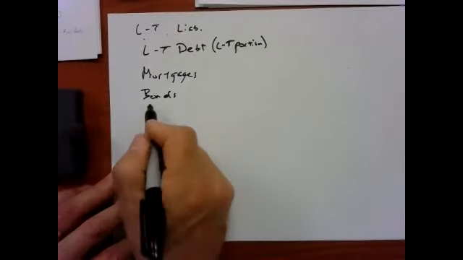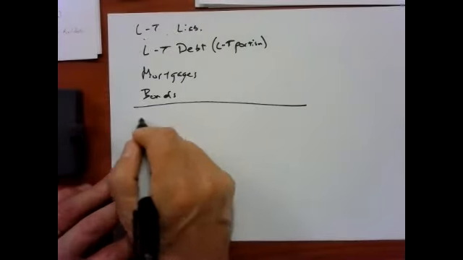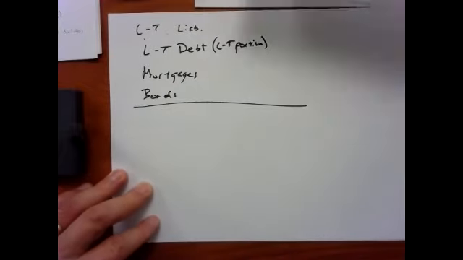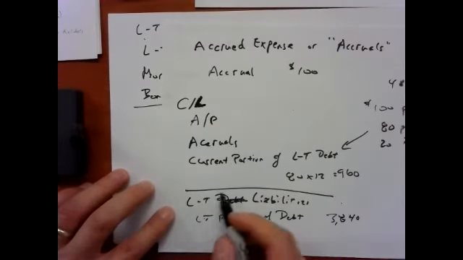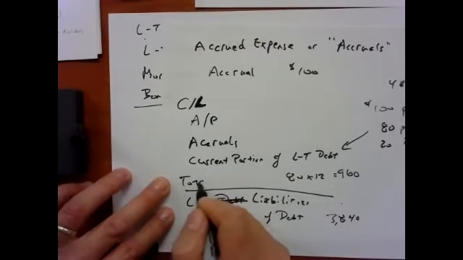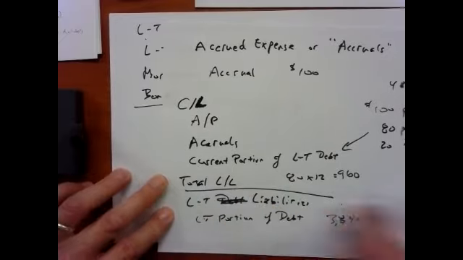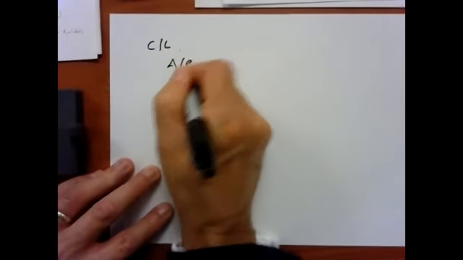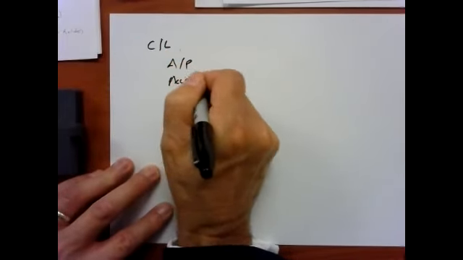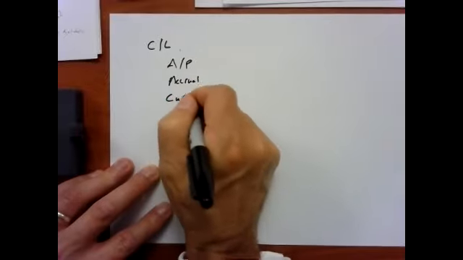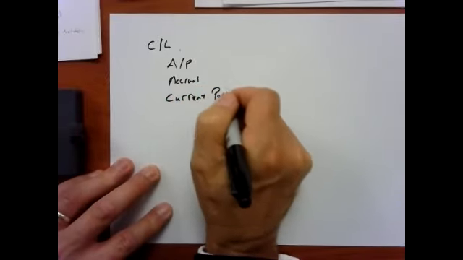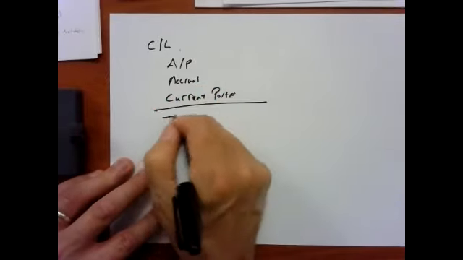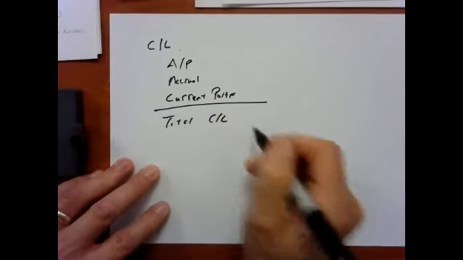Okay, so you would add the current liabilities. You would have total current liabilities. You would have your accounts payable, your accruals, current portion. That would all get you total current liabilities.